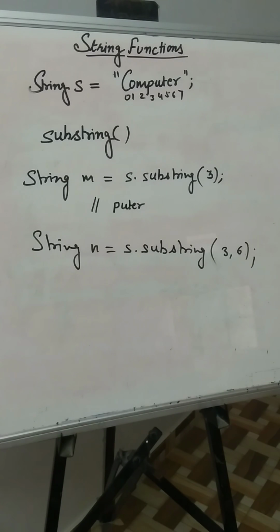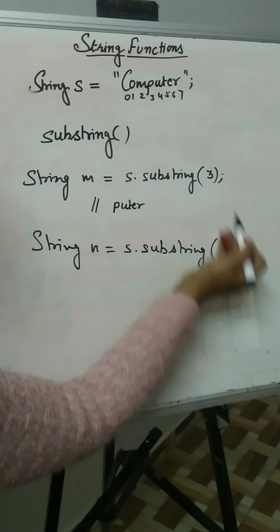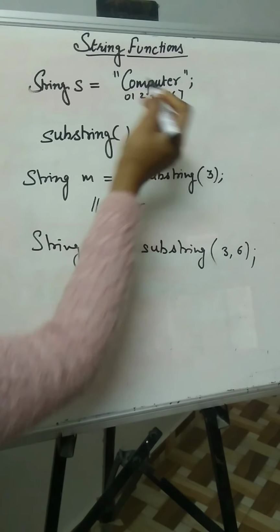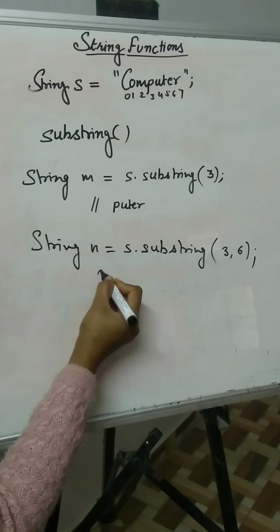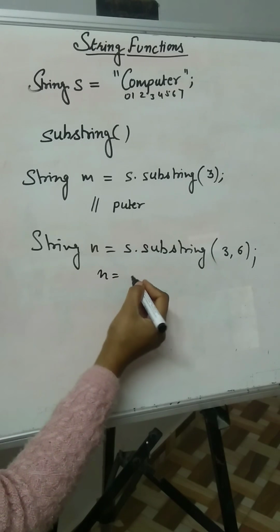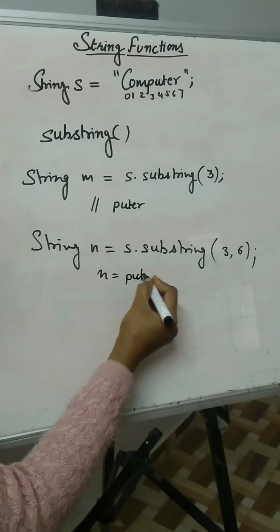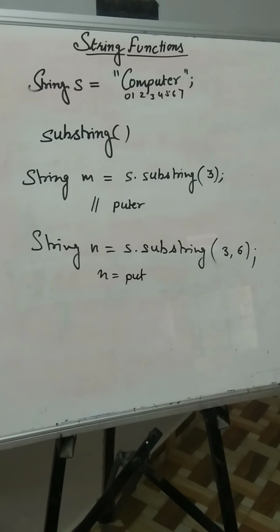Clear? It returns a part of a string from the 3rd position to the 6th position, excluding the character available at the 6th position. Suppose the 6th position character is E, so it will exclude the E. It will print the value P-U-T.